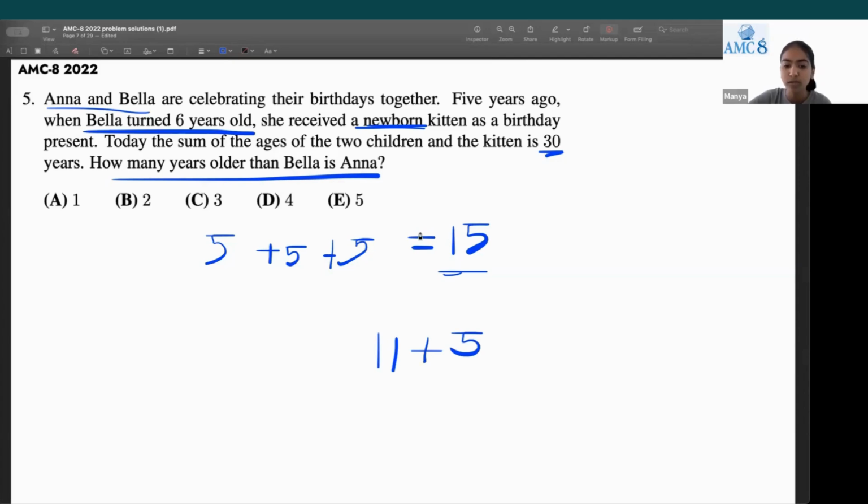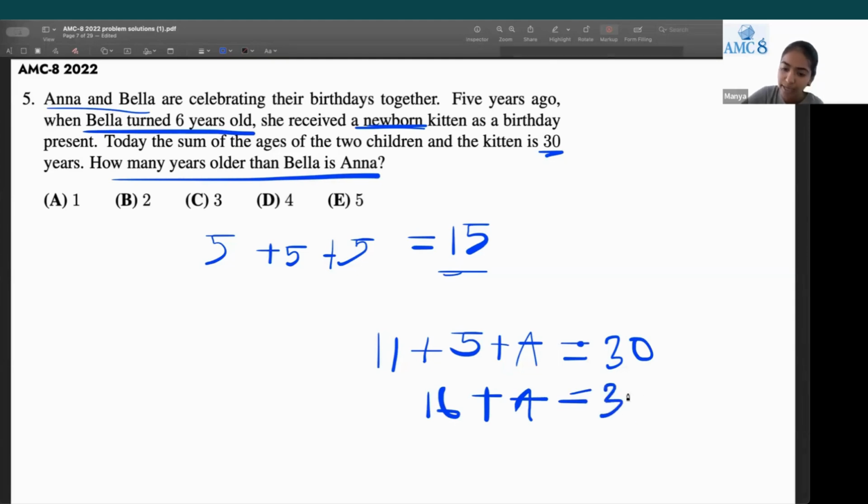And so 11 plus 5 plus A for Anna is going to be equal to 30. So we can do 16 plus A. We got 16 because of 11 plus 5. So 16 plus A is equal to 30.